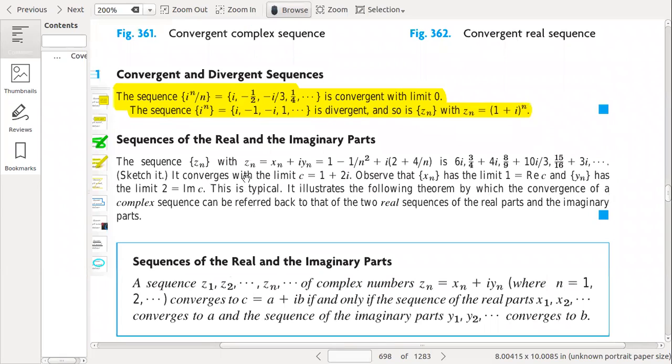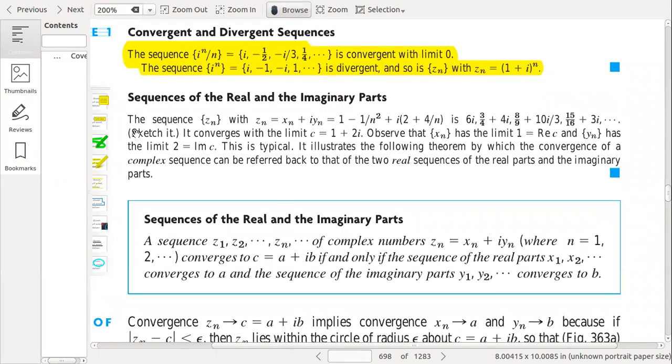Sequence of real and imaginary parts. Consider the sequence Zn. A complex number can be written as the sum of two parts, so xn is the real part of the complex number and yn is the imaginary part.